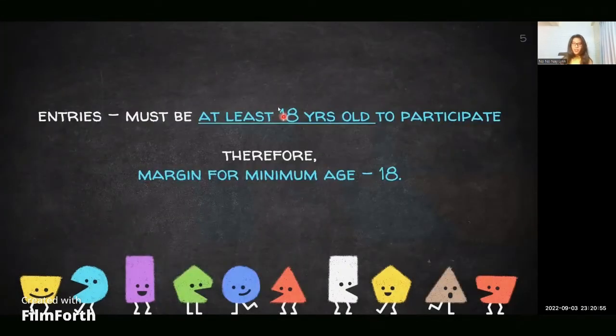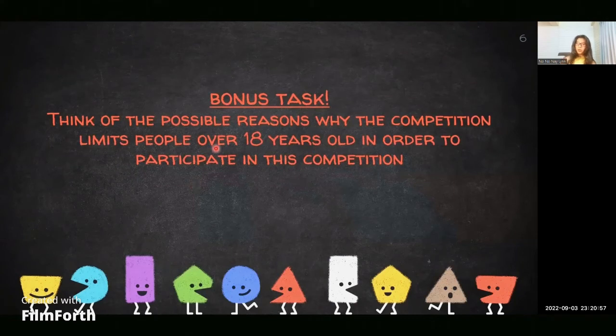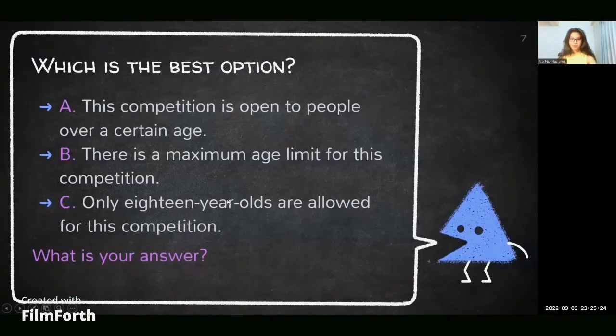All right, so let's look at the options. Make sure you really remember the information in the question. If you have to remember it more, feel free to go back in this video and do it. Okay, so option A says, this competition is open to people over a certain age. What do you think about this one? Option B: there is a maximum age limit for this competition.